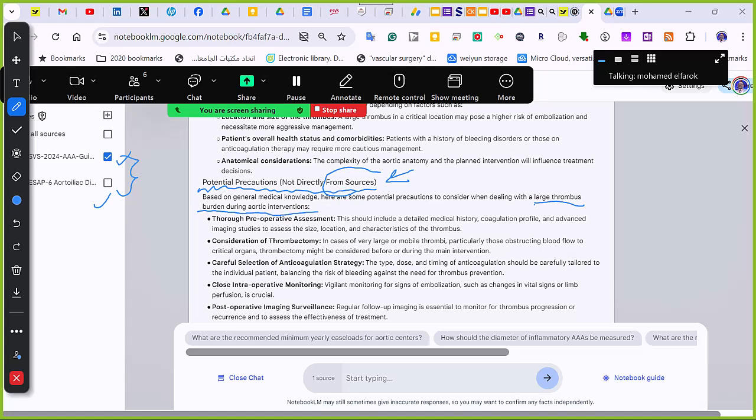This is really a beautiful answer. Through pre-operative assessment: what you do pre-operatively, what you do regarding thrombectomy, when to do thrombectomy, careful selection of anticoagulation, close intraoperative monitoring, and postoperative imaging surveillance.